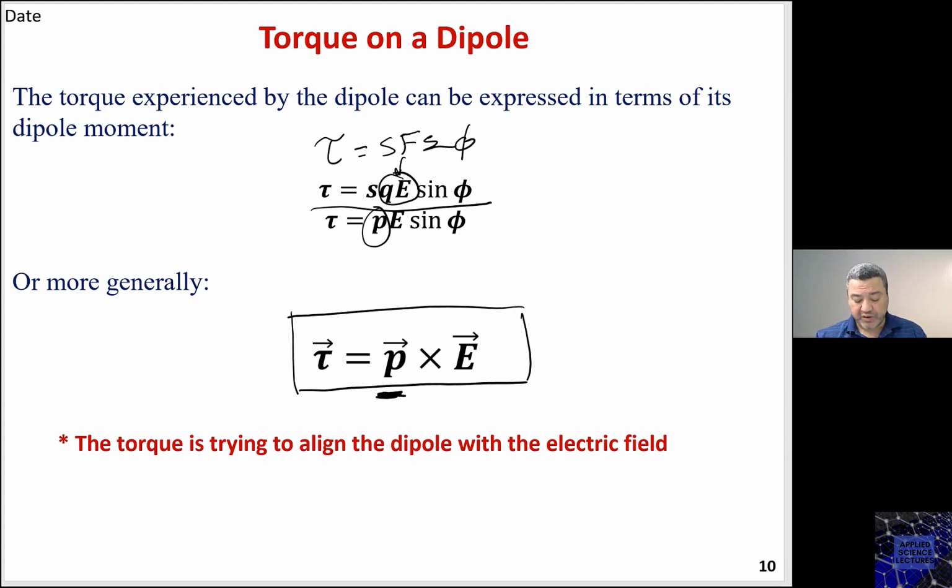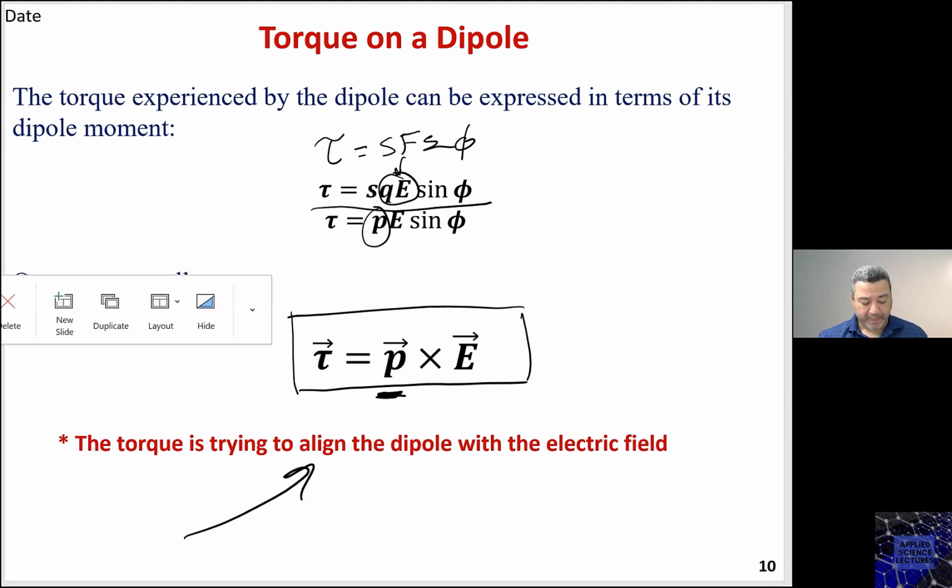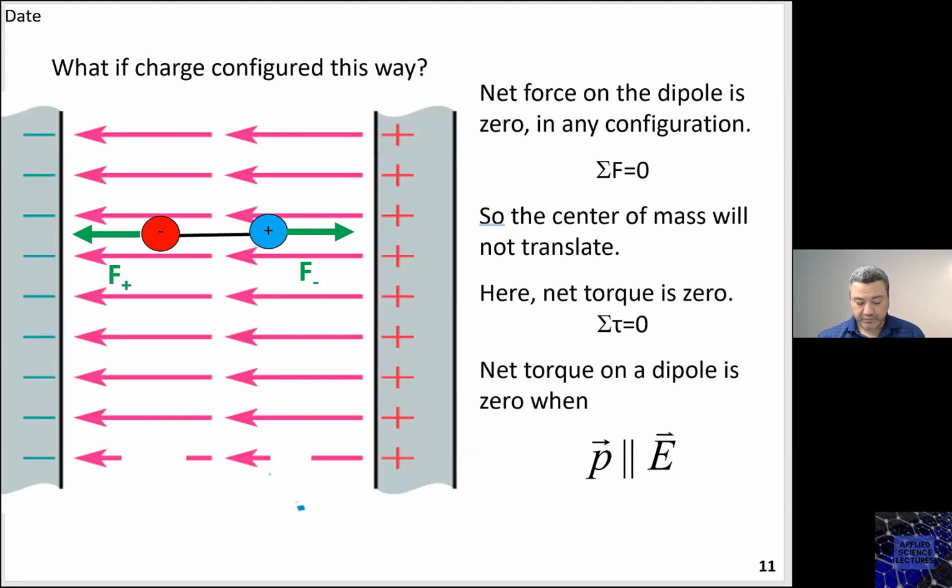So the torque is the cross product between the dipole moment and the electric field, and it's always trying to align itself with the electric field. So this is what's happening in a uniform electric field. It's always wanting to align itself.